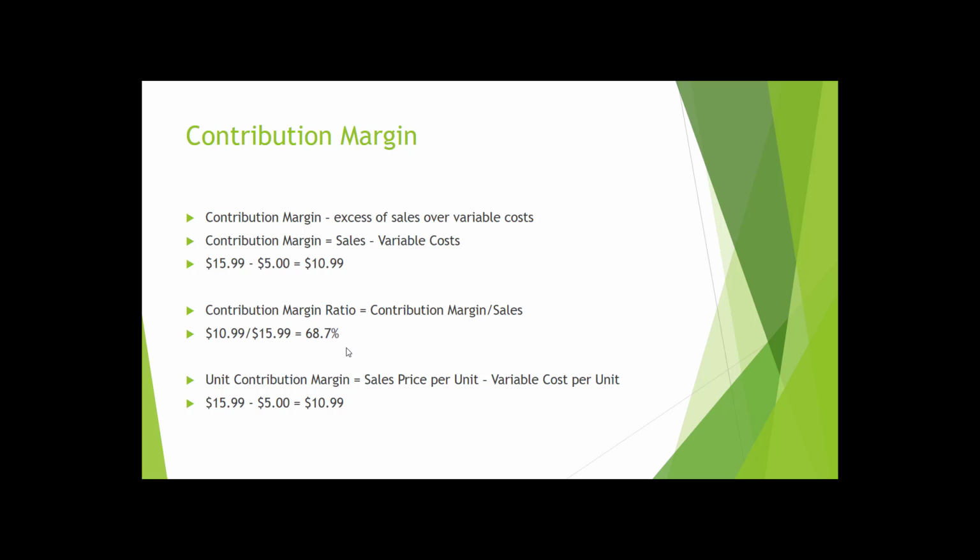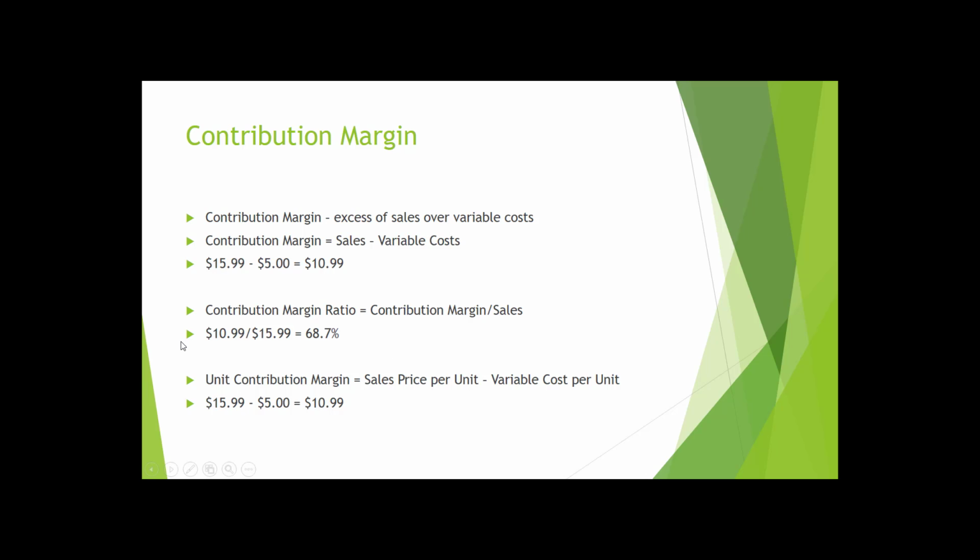The costs are so much different in number value that it makes it difficult to provide a useful analysis. So when you boil it down to a percentage, like a contribution margin ratio, it makes it easier to compare 24% to 68%. It's like, oh, wow, the 68% is clearly better. So it's a method for comparing when you're using percentages and ratios like this. It just makes it easier to compare two different amounts.